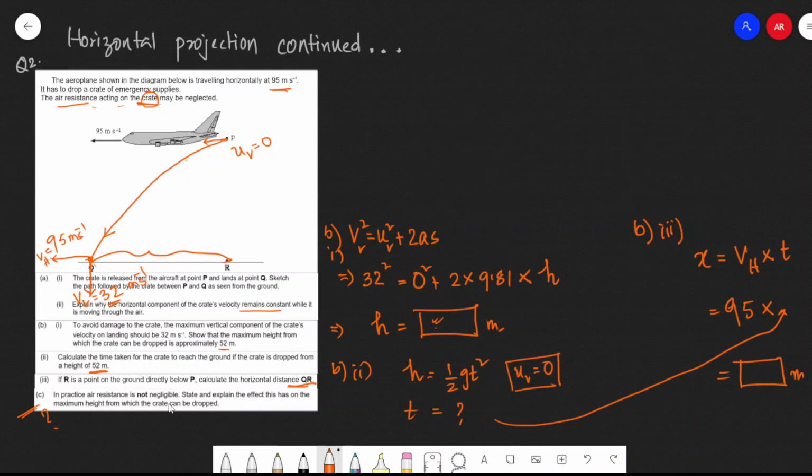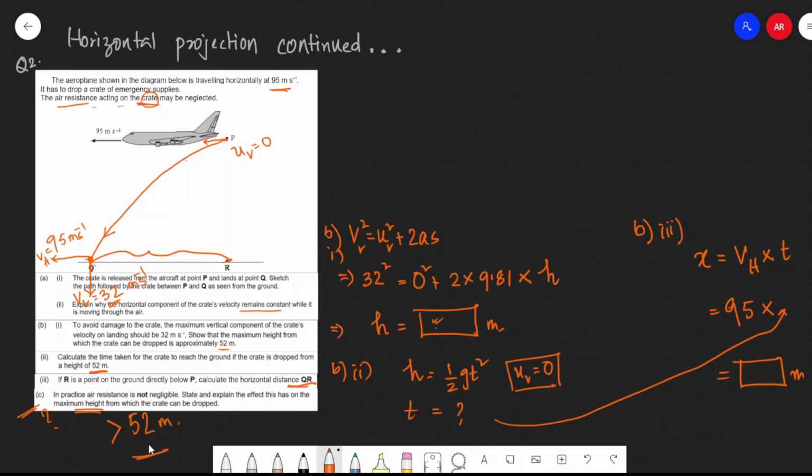In practice, since air resistance is acting on the object, the object is not accelerating constantly at 9.81 meters per second squared. So the maximum height can be greater than 52 meters.